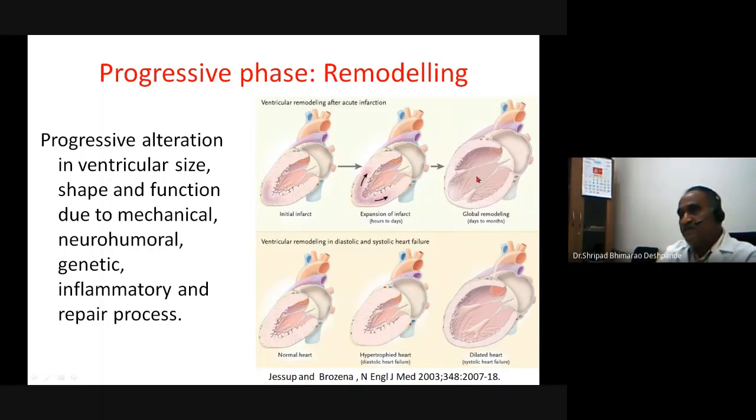I have taken this figure from Joseph and Punjana from the New England Journal of Medicine, and you can just see that the initial infarction is somewhere here. Then after the infarction, hours to 2 days, so that means within 1 or 2 days, what happens? This infarction continues, and it is not able to contract.